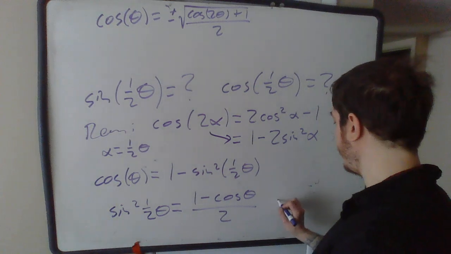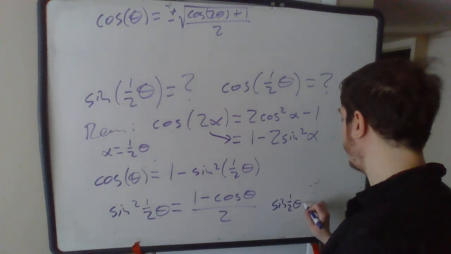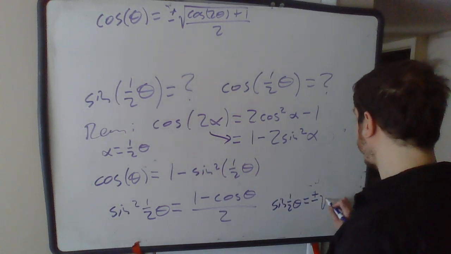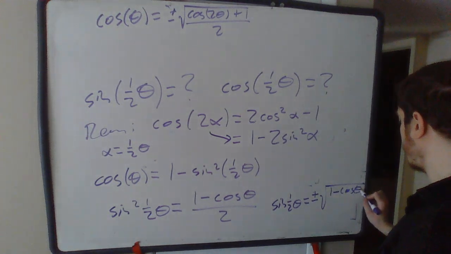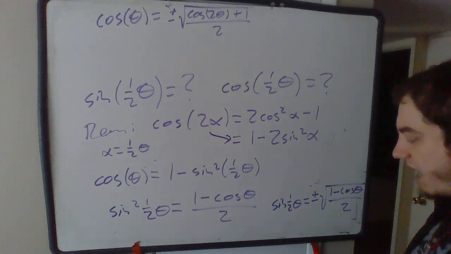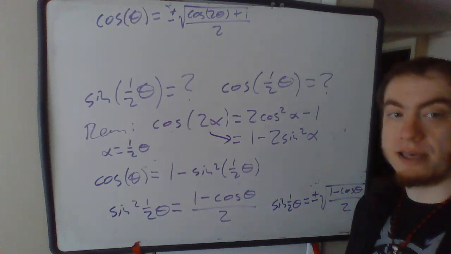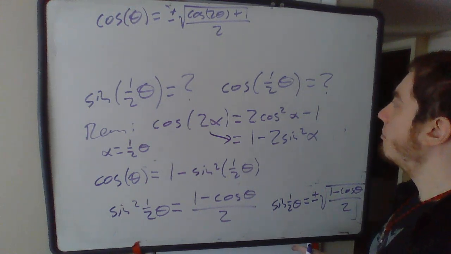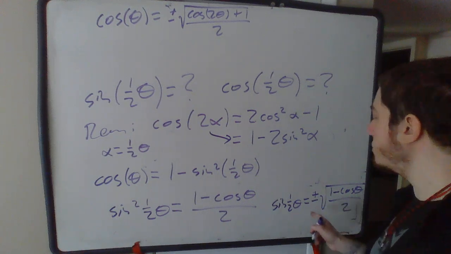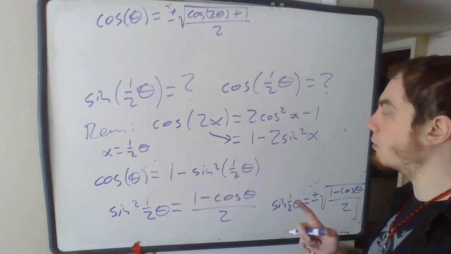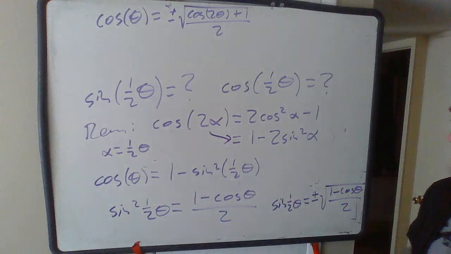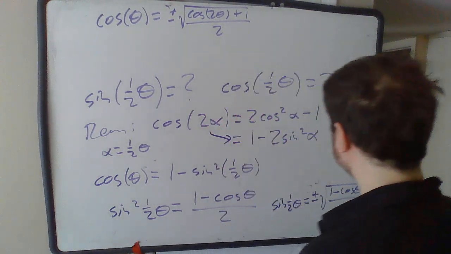And that tells me that the sine of 1/2 theta is equal to plus or minus the square root of 1 minus cosine theta divided by 2. So notice that the half angle formulas both end up involving cosine. It doesn't matter if we're working with sine or with cosine to start with, we end up writing it in terms of cosines.